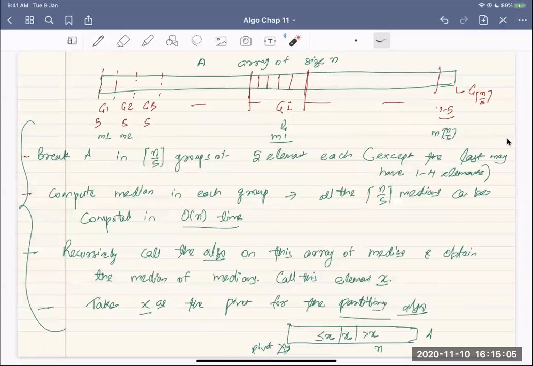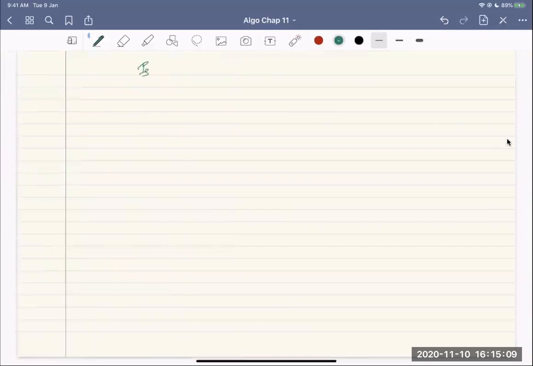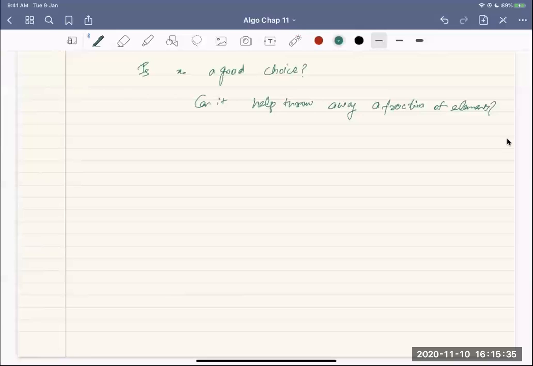Now you have a generic question: is x a good choice? Whether it is a good choice or not depends on whether it helps in reducing the size of the subproblem. Can it help throw away a fraction of elements every time? x came from an array of medians, and there were n by 5 medians.